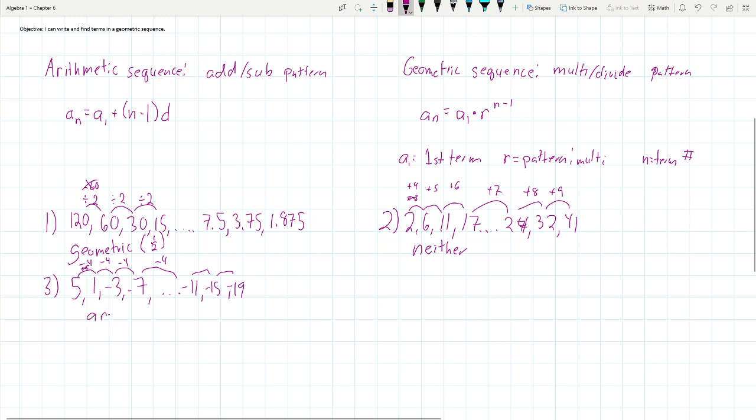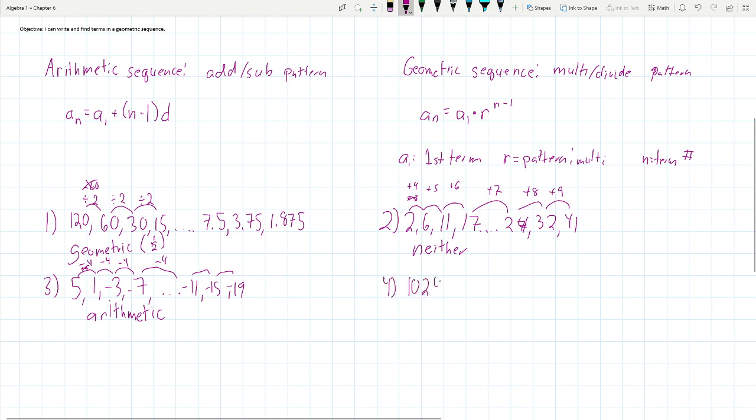And so this is arithmetic. It's an arithmetic sequence. A good indicator for this is if you go into the negatives, or you go from negatives to a positive without it alternating back and forth, it's a pretty good indicator that it's not geometric.